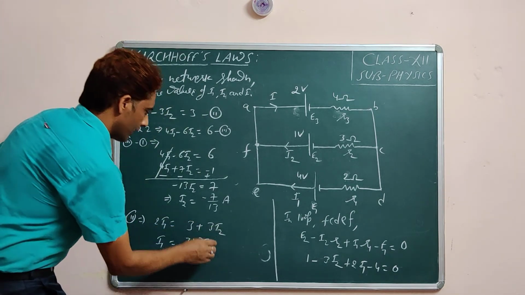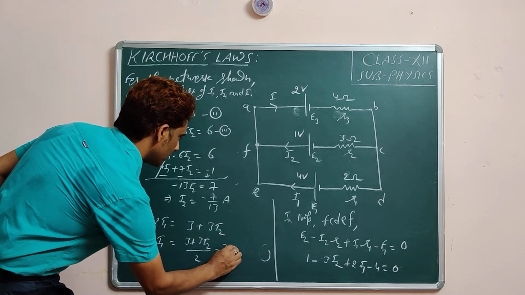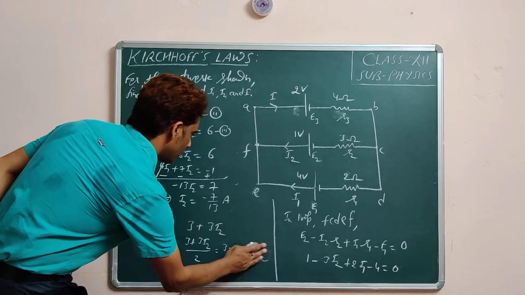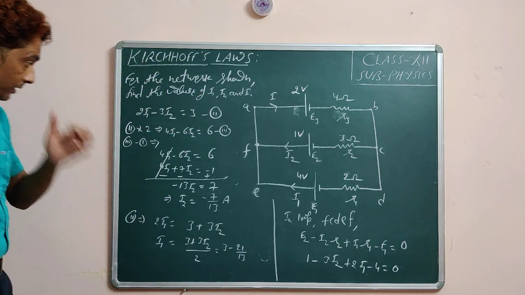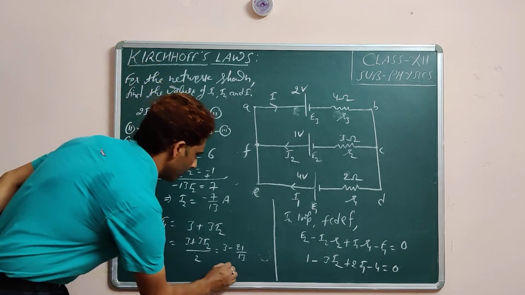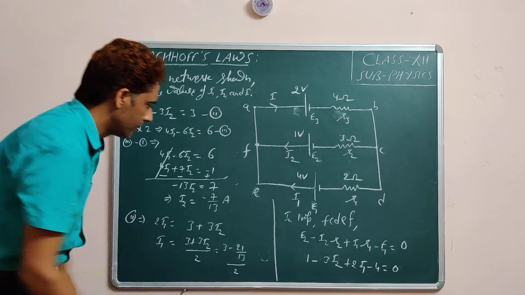Now put the value of I2. So 3 minus 21 by 13, divided by 2. 13 into 3 is 39.